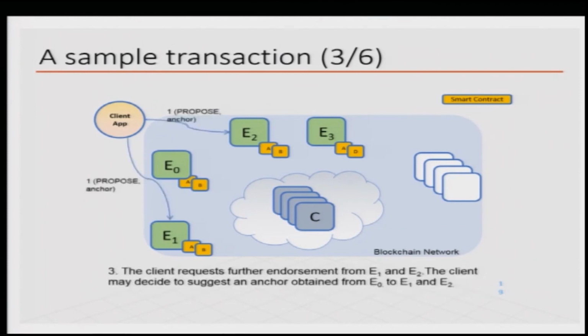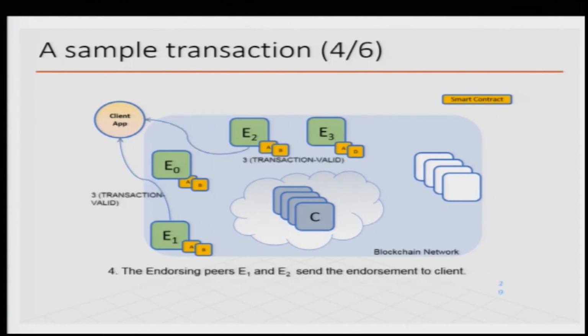Then let us say the endorsement policy says that you have to get at least 2 endorsers to say that what you are doing is allowed. So, it will send it to the other nodes which are also in its endorsement policy, and they will also send you the same kind of information: if you did the transaction, what the read-write set would be, what the changes in the state would be.